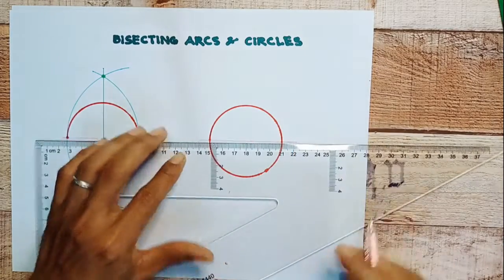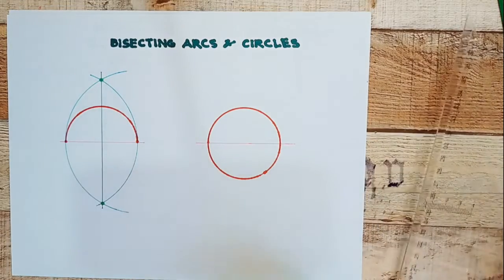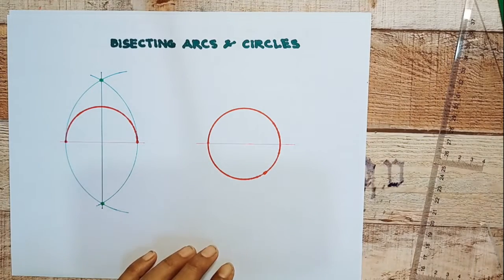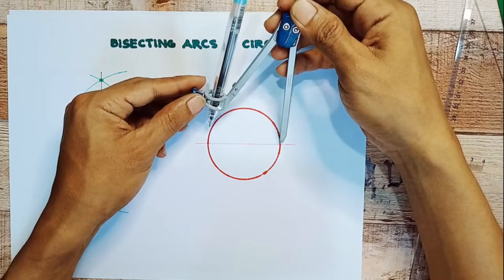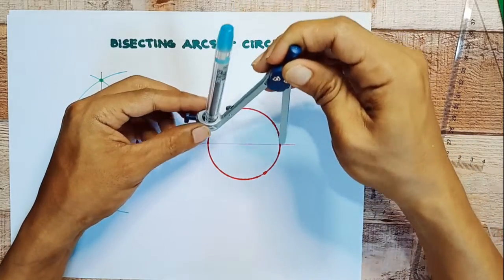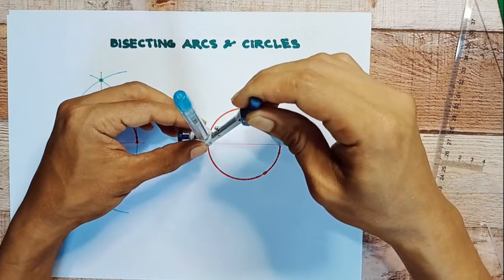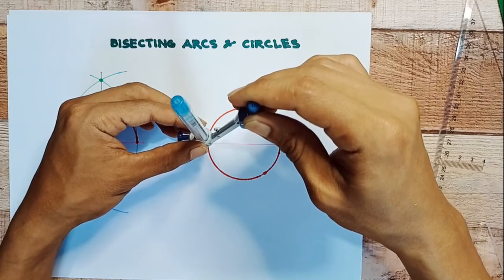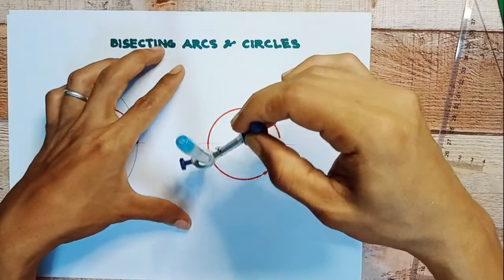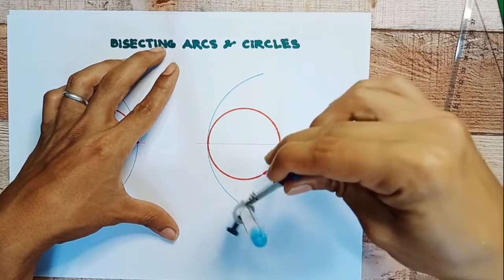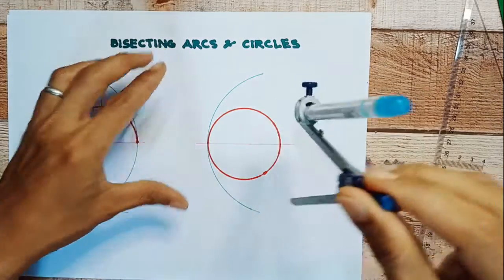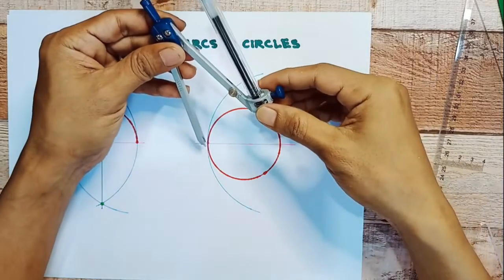Needle point on one end and pen point on the other end. There. Then score our arc. Like so. Then turn our compass around. Like so.